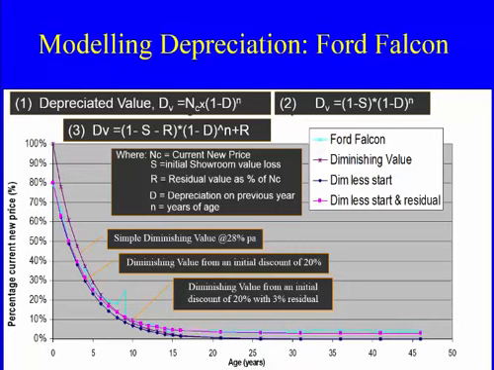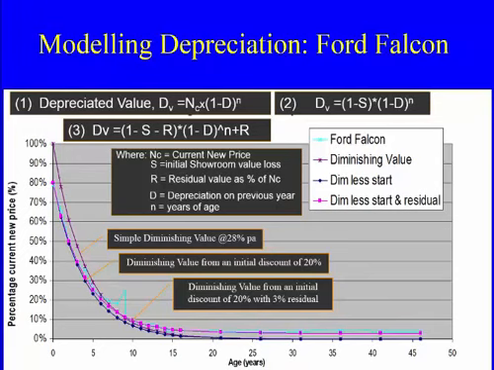We do that by first of all removing the residual from the overall depreciation calculation using the diminishing value, and then we add in that percentage right at the end, and so the equation becomes depreciated value equals 1 minus the initial loss minus the residual allowance times 1 minus the depreciation percentage raised to the power of the years of age plus the residual.